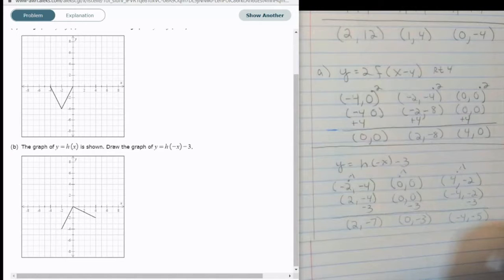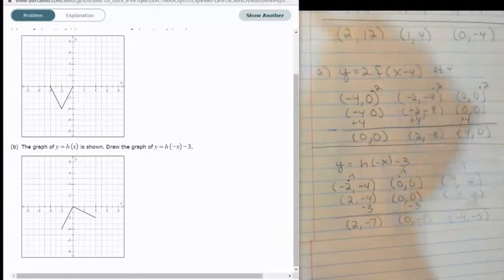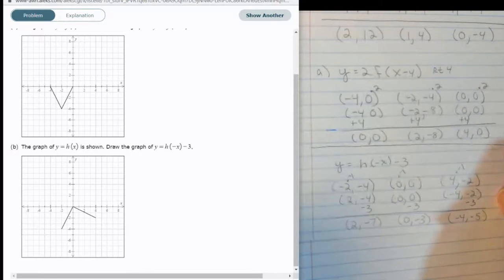Any questions on that? This will definitely help you remember your shifting rules. You'll probably never see it written like this again. Any questions on it?